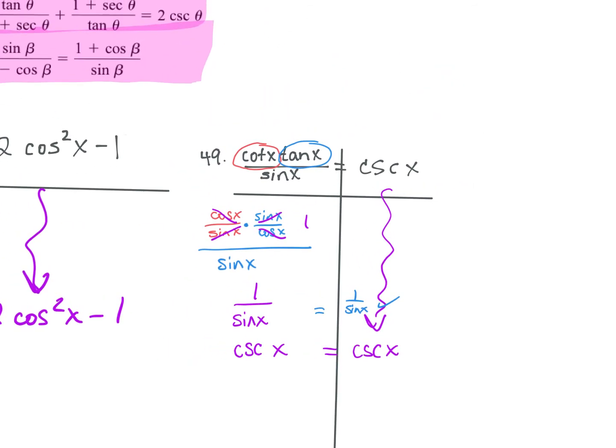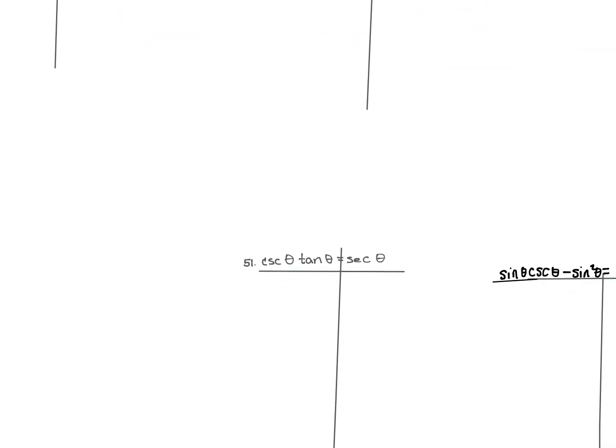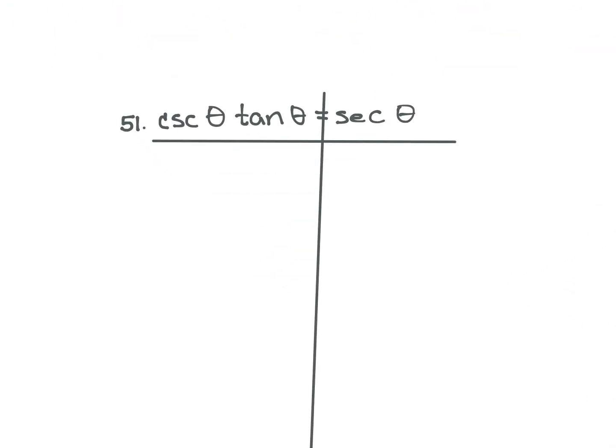Okay, good. So scooting along. What number do we have now? Again, this is one of those easier ones because nothing's being added or subtracted. We don't have any denominators, nothing. So let's just break down. How can I rewrite cosecant? 1 over sine. Good. How can I rewrite tangent?